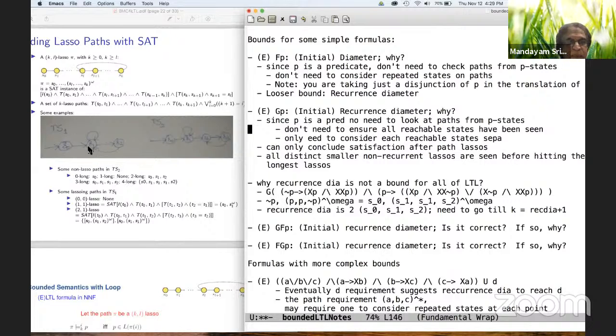That is true here, because if you start with not P, then you have P, P, P. Why is that? Because you can self-loop in S1 as many times as you want.